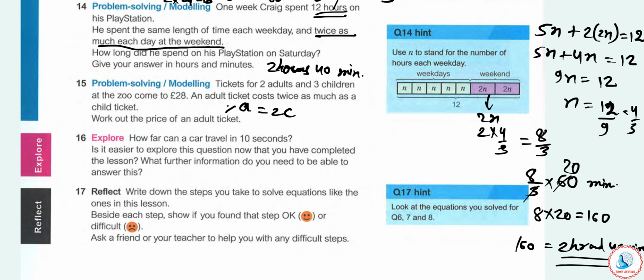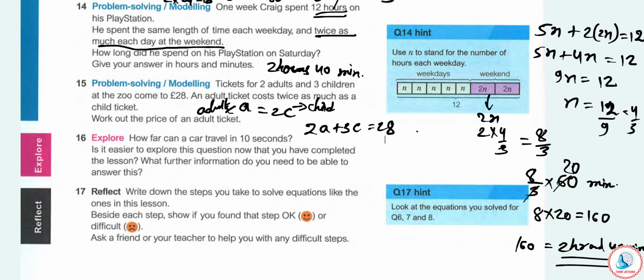A is representing adult ticket price and C is representing child ticket price. So the equation will become 2A plus 3C is equal to 28.